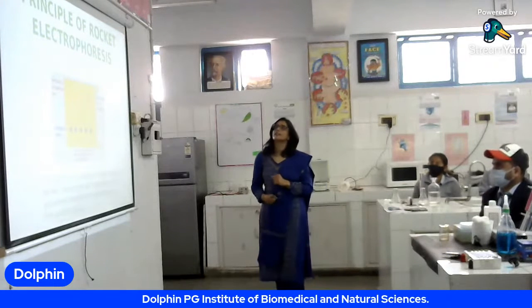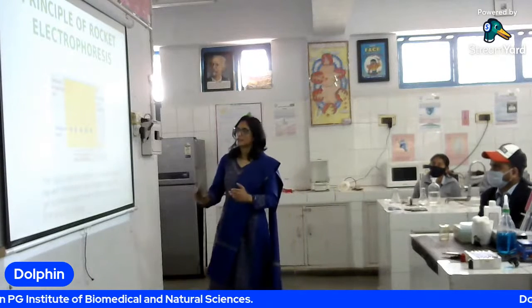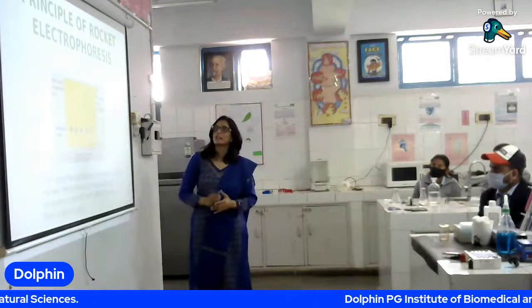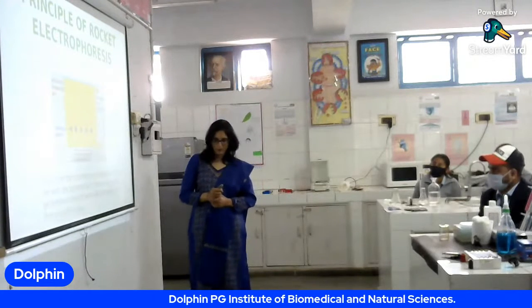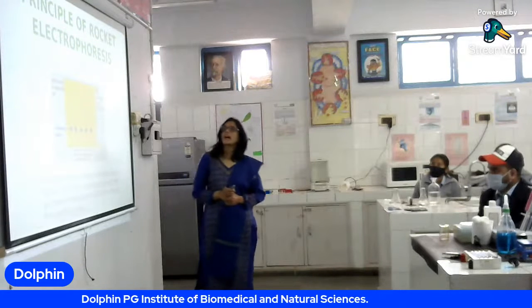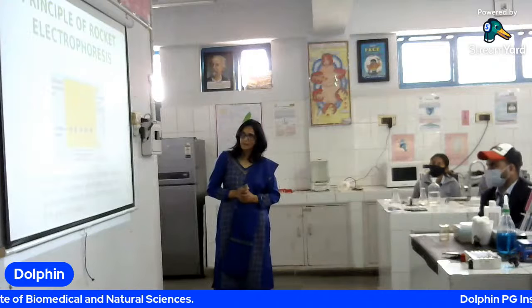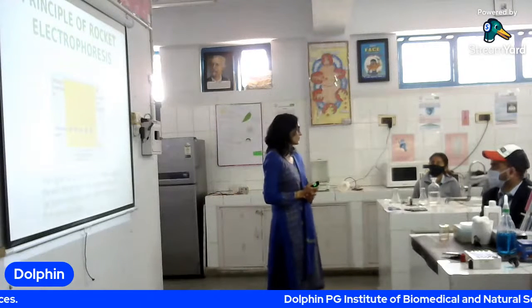So this is how your gel will look like when we will make a gel. This is the glass plate, जिसके ऊपर gel बनेगा. You lay down your agarose. The antibody is present in the agarose, and the antigen, they are loaded in the wells. In some wells, we load the standard antigen.